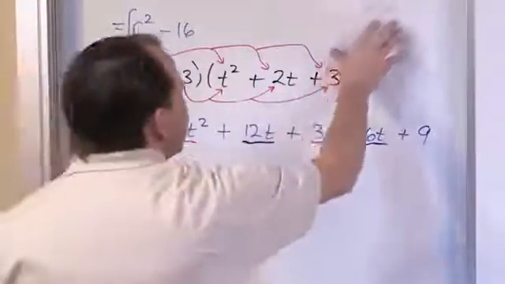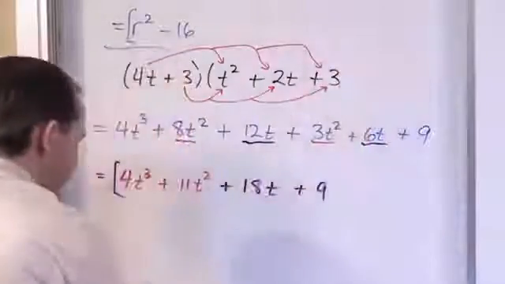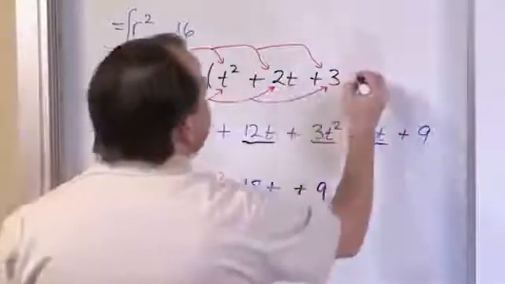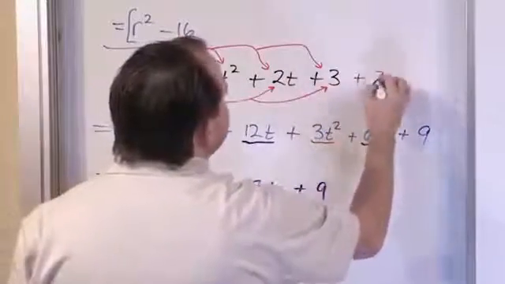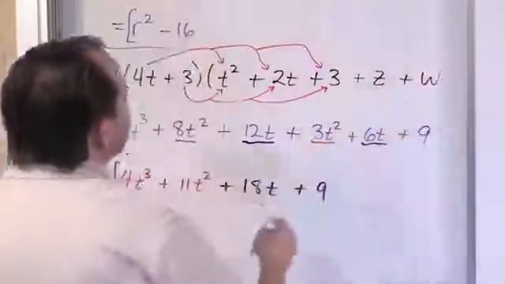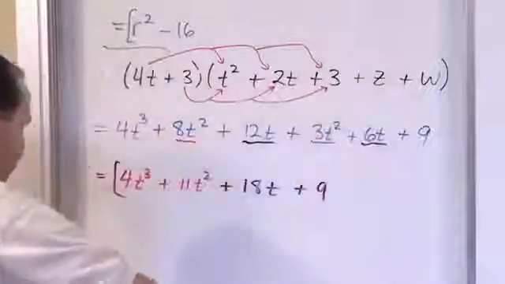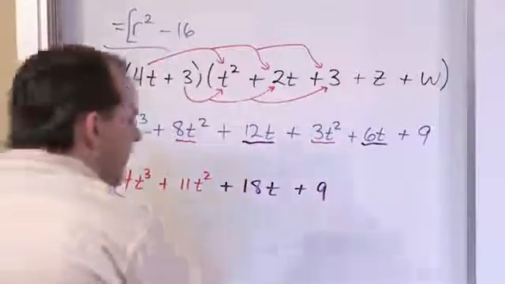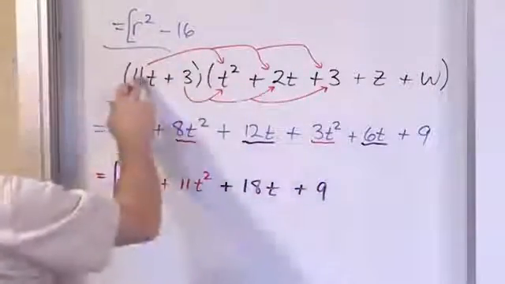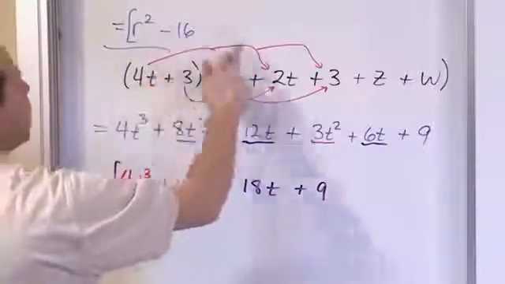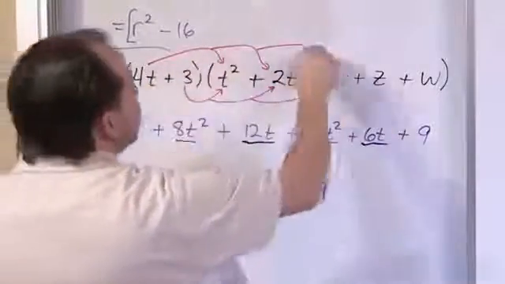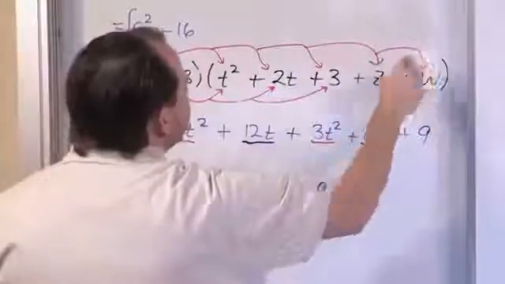Just for giggles, if I continued this and had plus z plus w over here, so I had a much larger polynomial, then this problem, now that you know how it works, is very simple. The 4t gets multiplied times this, this, this, and also times this, and then also times this.